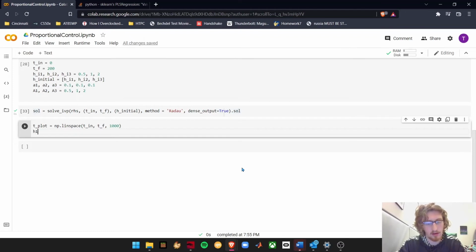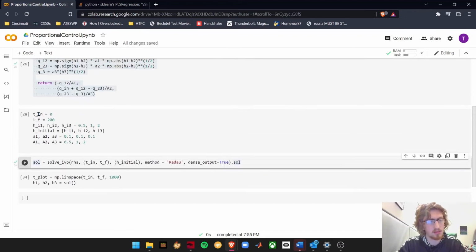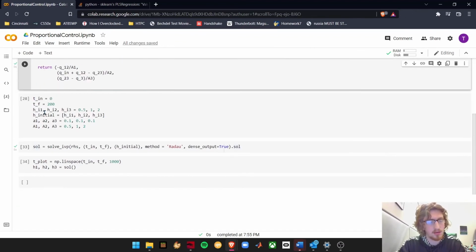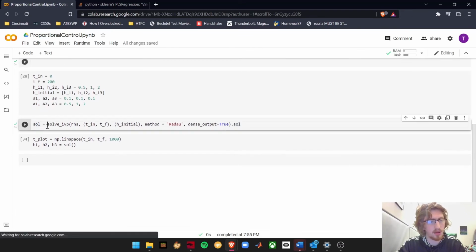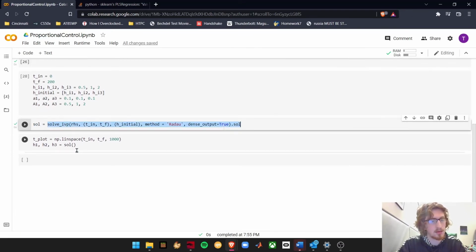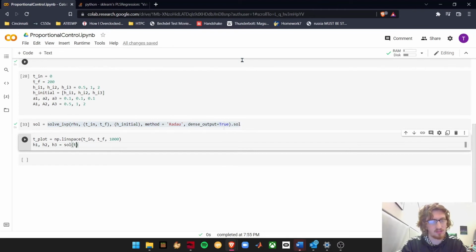And then our H1, our H2, and our H3, which is going to be our y-axis, is going to be equal to the solution of solving our right-hand side using our solve IVP right here at each of these times.